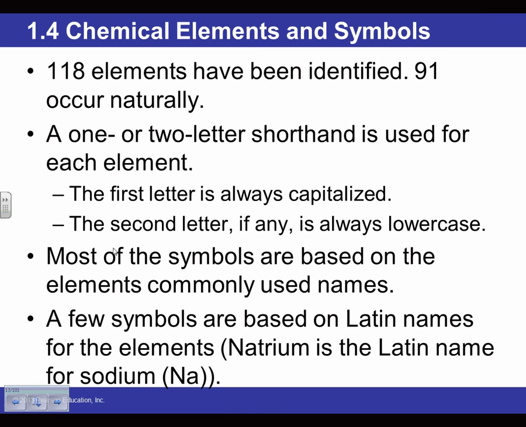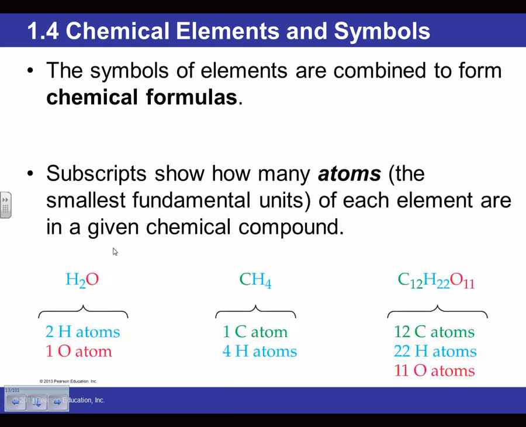Certain examples might include sodium, and its two-letter symbol is Na. There is a list of elements that you should focus on memorizing as it pertains to the periodic table, because a lot of those are kind of gimme early ones, but a lot of them have Latin origins, and if you ever want to investigate them, the information's out there.